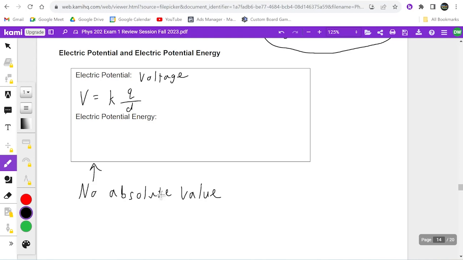And then for electric potential energy, I have the equation U, which stands for energy for some reason, is equal to K Q1 Q2 over the distance, not squared. And again, no absolute value. And by the way, we do have 2 more equations that I need to show you right now that are going to relate electric potential and electric fields and a bunch of other stuff.